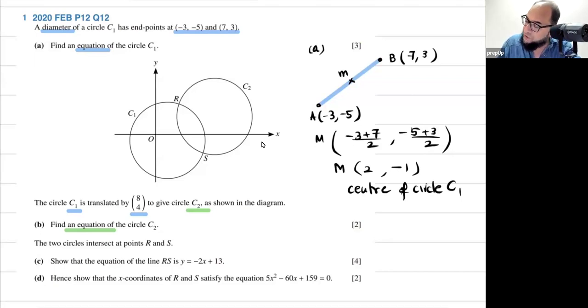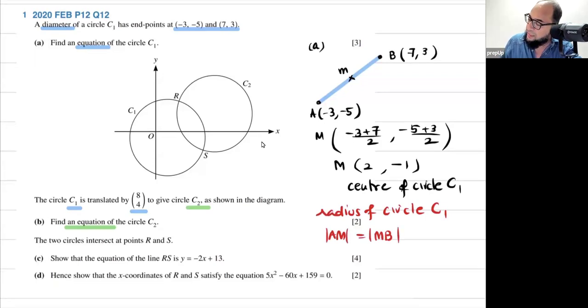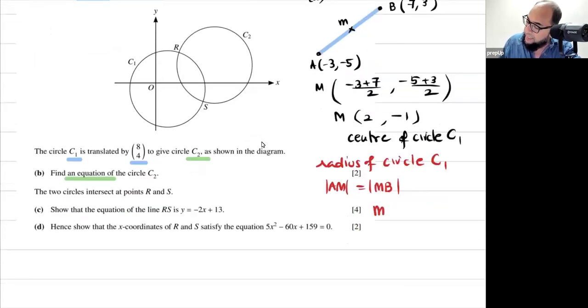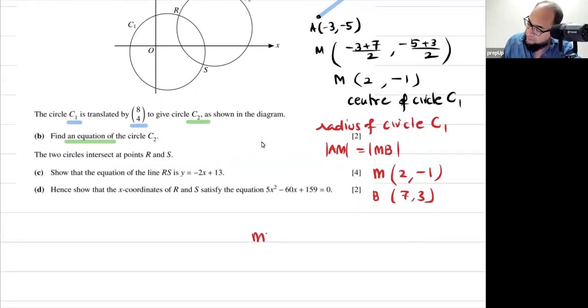Then we are interested in the radius. The radius of circle C1 is either the magnitude of AM or the magnitude of MB. M is (2, -1) and let me take B, which is (7, 3), and find the magnitude of MB. That is the square root of (2 minus 7) whole squared plus (-1 minus 3) whole squared.